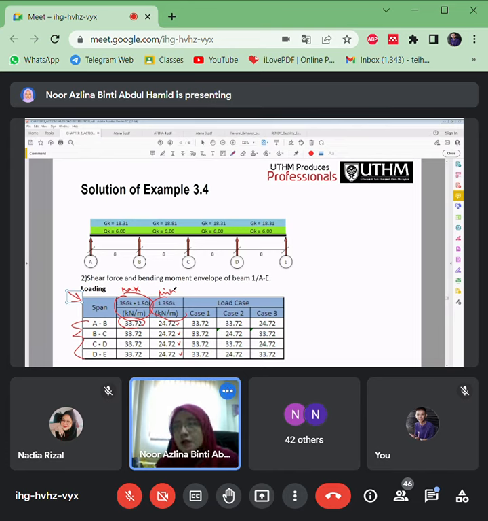33.72. We have 3 load cases here. Load case 1 means all spans are loaded with the maximum load, so all spans support the load 33.72. Load case 2 starts with the maximum and then minimum.